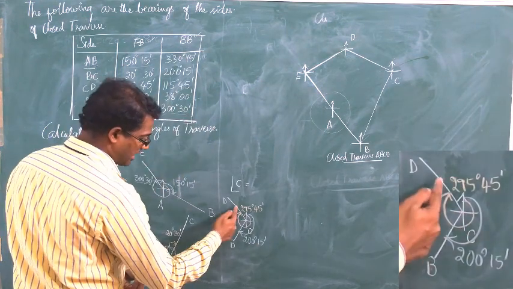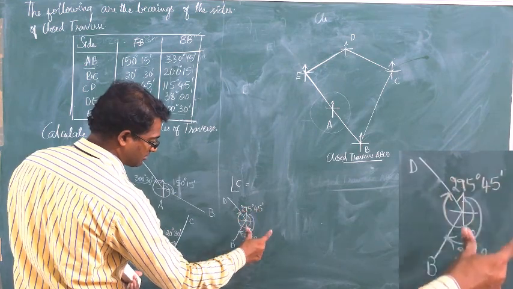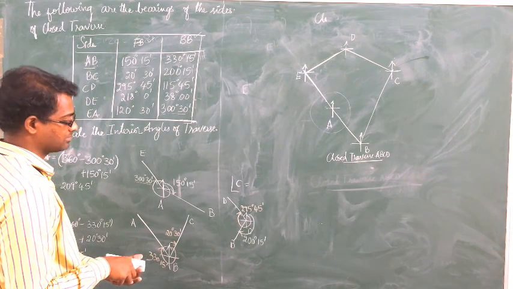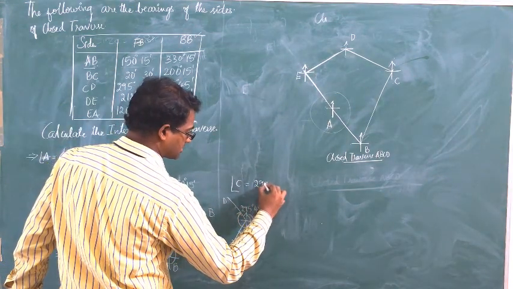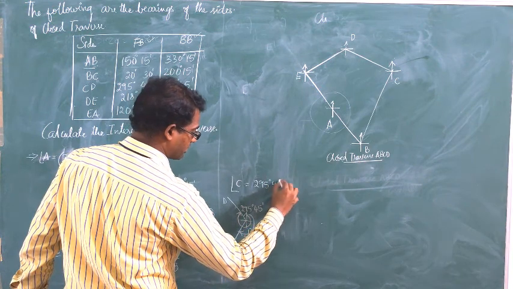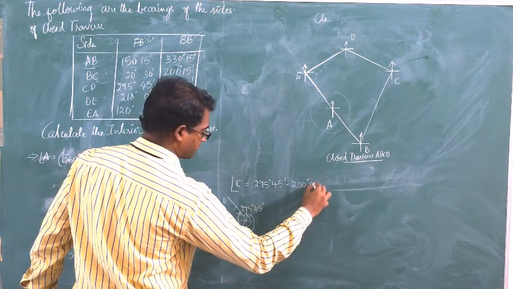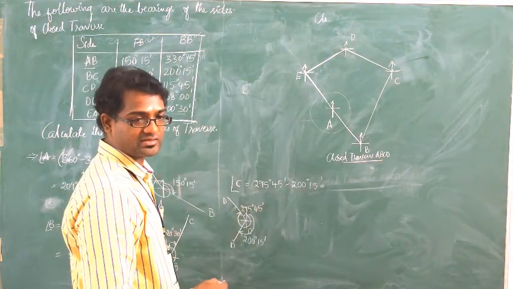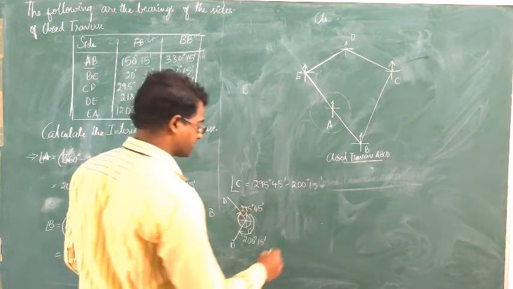So if I want to calculate this portion, then from 295 degrees 45 minutes, if I remove this, then I'll get angle C. So 295 degrees 45 minutes minus 200 degrees 15 minutes. If we do it, then you will get angle C as 95 degrees 15 minutes.